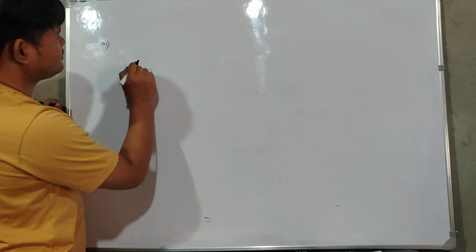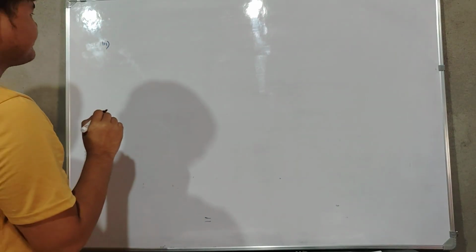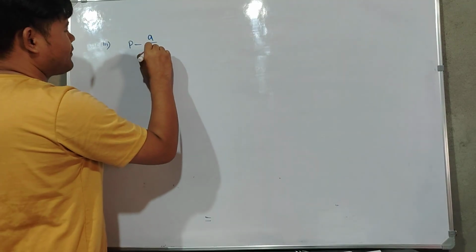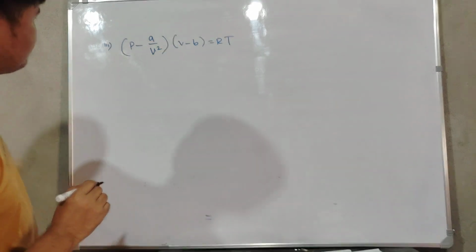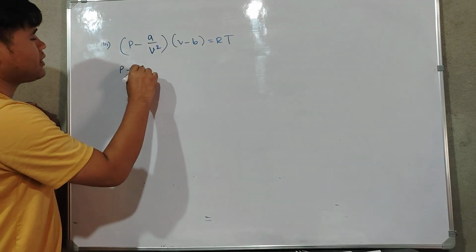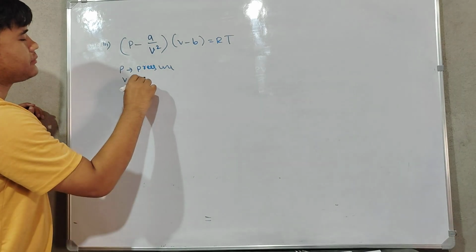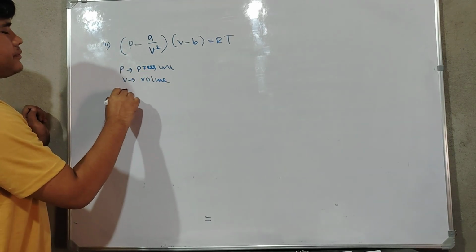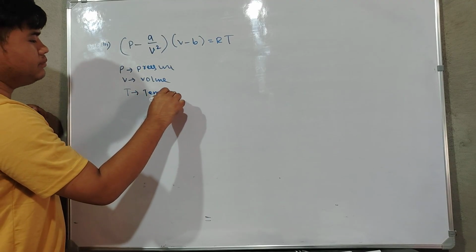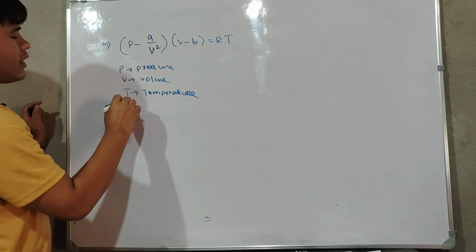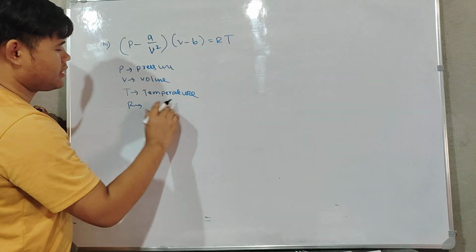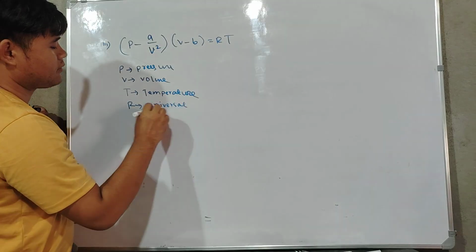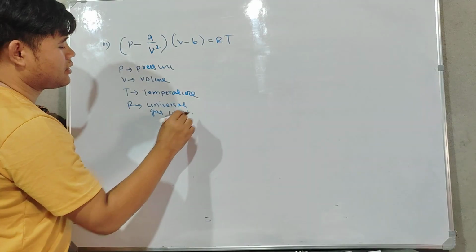P minus A by V squared, V minus B is equal to R T. P is pressure, V is volume, T is temperature, and R is the universal gas constant.